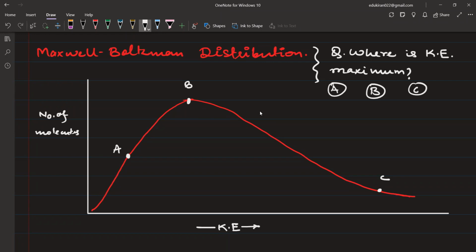Where is kinetic energy maximum? At which point? Okay, Astha. So should we draw this? Yes, draw this. Don't write the question, the question is for you.